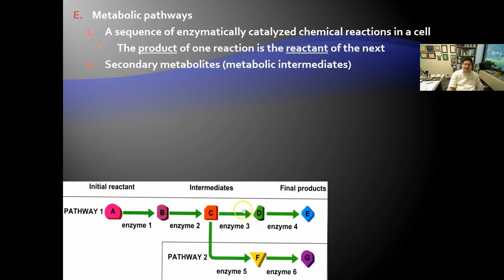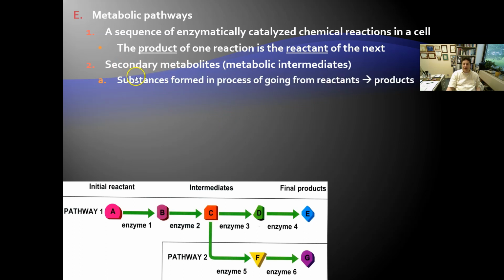Now, these things made along the way. What I want to make in this first pathway is E. But to make E from A, I have to make B, C, and D first. This isn't what I want, but they're necessary steps along the way. B, C, and D are called secondary metabolites or metabolic intermediates.